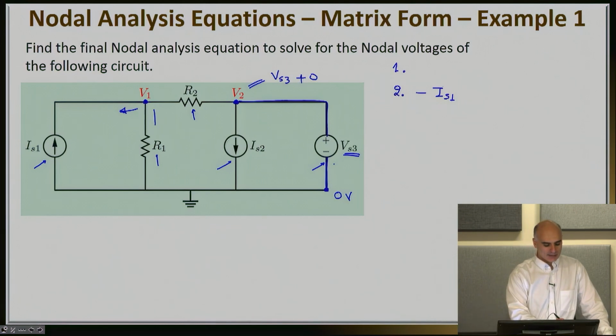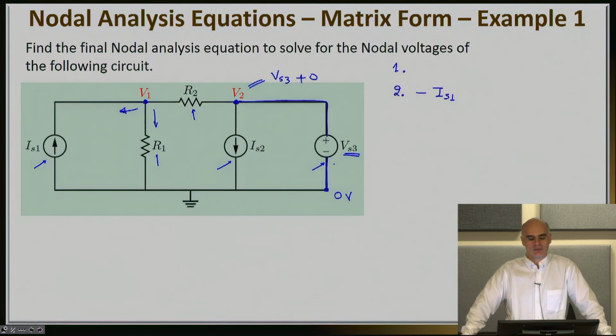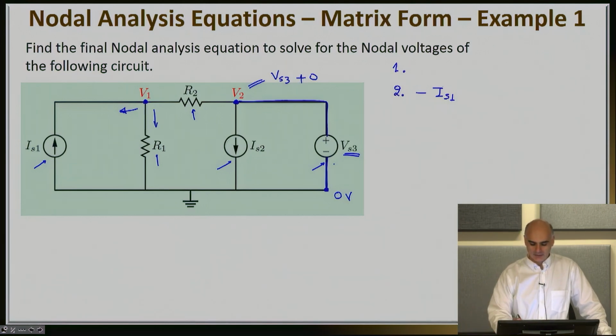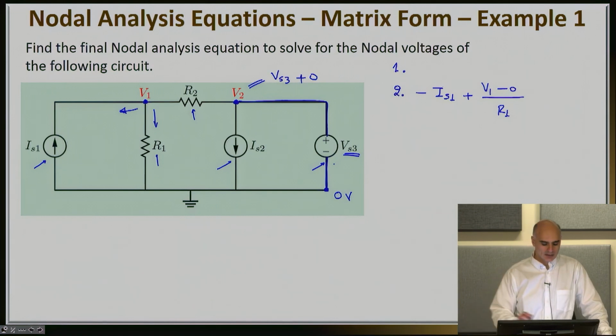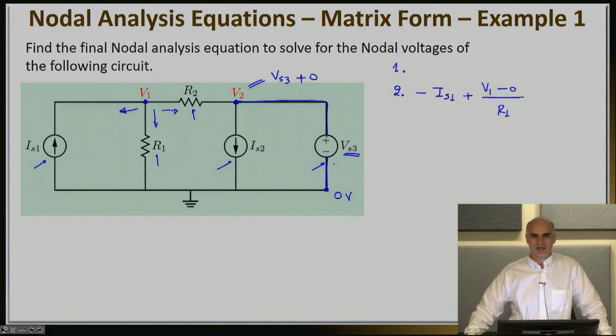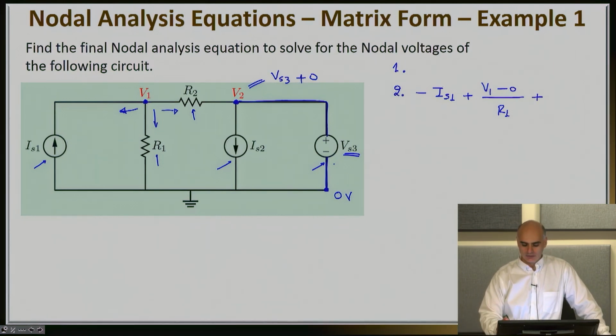There might be current flowing downwards through R1, and that means that I will have now to add V1 minus 0 divided by R1. This is the current that flows downwards, and there will be current flowing to the right, and this will be equal to V1 minus V2 divided by R2, and this must add up to 0.